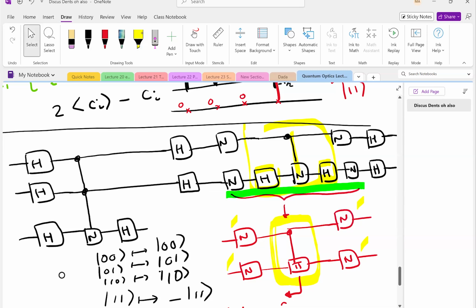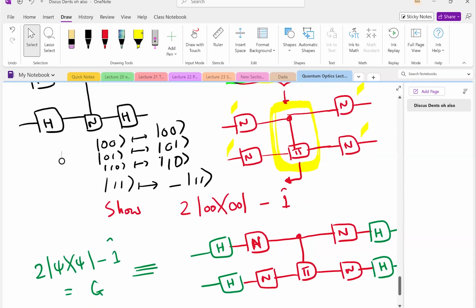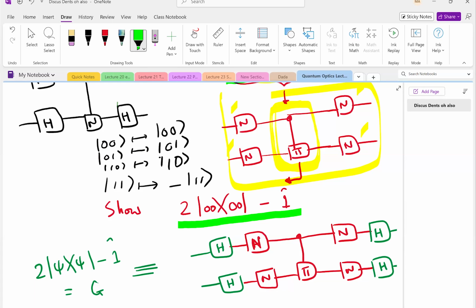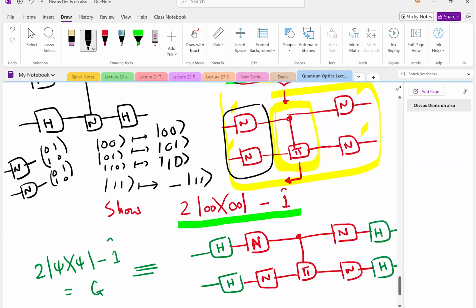Now it's easy to figure out what this circuit does. All of this circuit now implements this gate. And you can show this by explicit calculation. You can take the unitary operator for the NOT gate, which is an X gate, 0, 1, 1, 0. So this part is a matrix which is 0, 1, 1, 0, tensored with 0, 1, 1, 0, which is 0, 0, 0, 1, 0, 0, 1, 0, 0, 1, 0, 0, 1, 0, 0, 0.